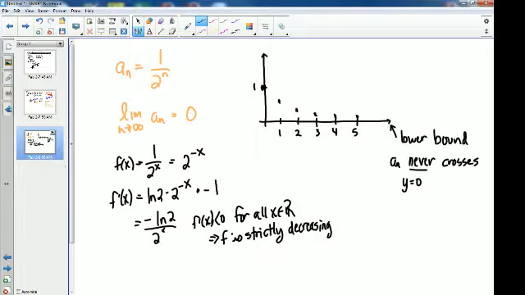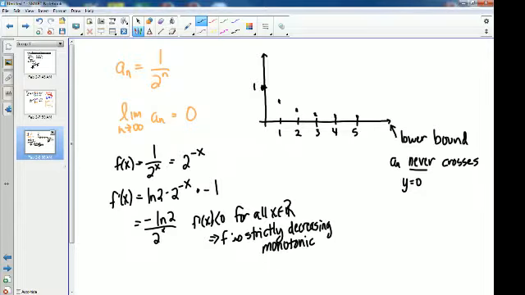Now, why is that important? We would say this is monotonic, right? Your book would call this monotonic. Kind of like your math teacher. Monotonic.